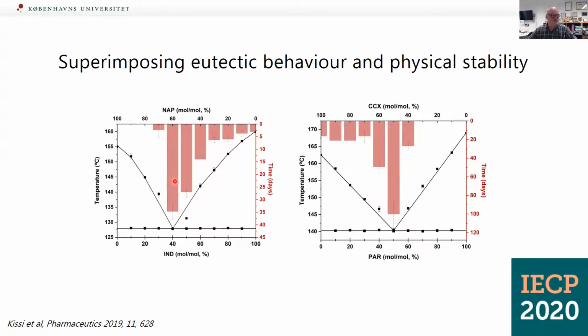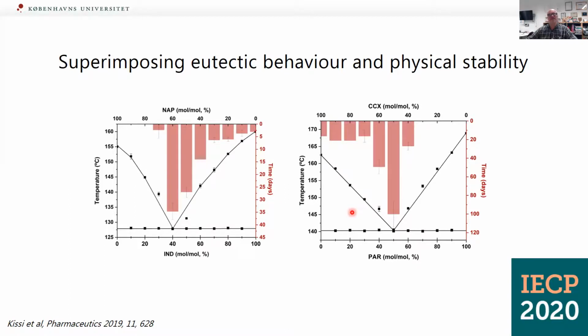So here the 60-40%, in the case of celecoxib paracetamol, that is the 50-50%, but it's, we believe, not because we have a strict one-to-one heterodimer formation, but the eutectic mixture has this concentration, and that is then leading to a co-amorphous form that also has the highest stability.